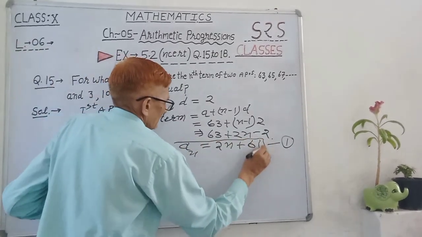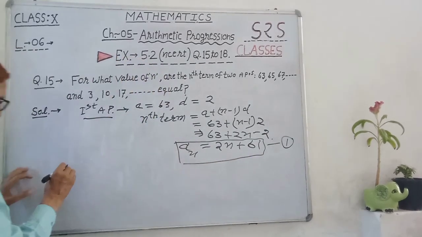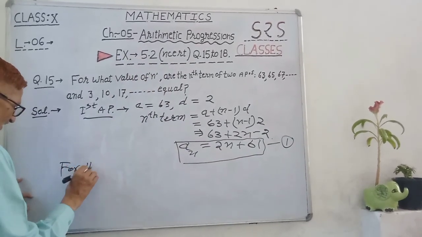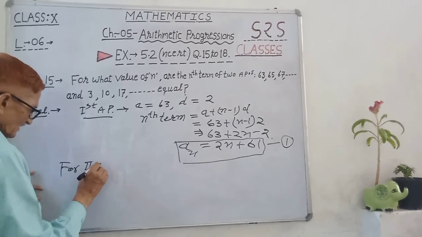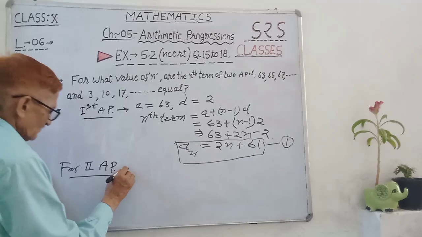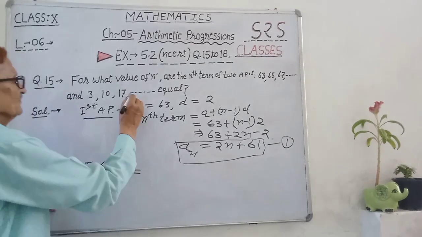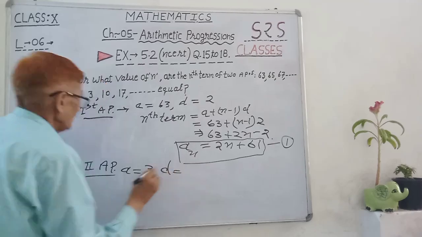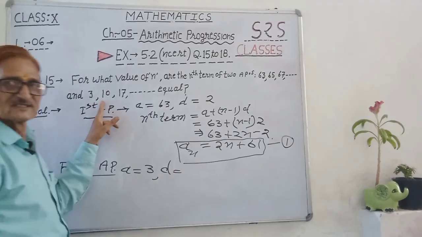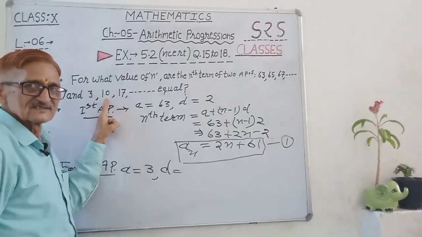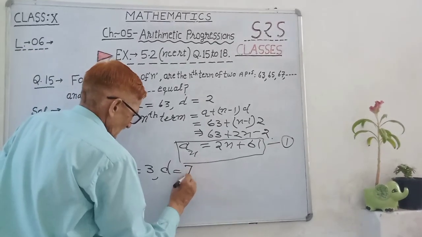Okay, now for second AP: A equal first term 3, common difference D equal 10 minus 3 is 7, 17 minus 10 is 7, so D is 7.